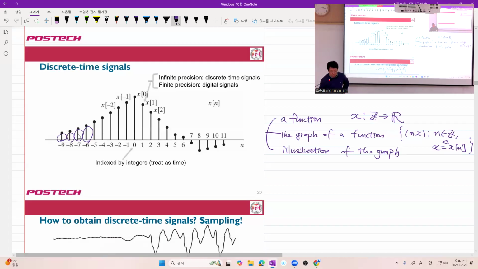If I was the dictator who first wrote the DSP textbook and dominated the world, probably I would have said, hey, remove this one whenever you visualize or illustrate a discrete time signal. Why?